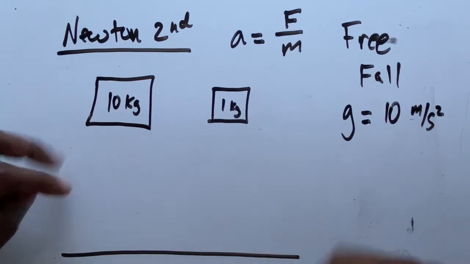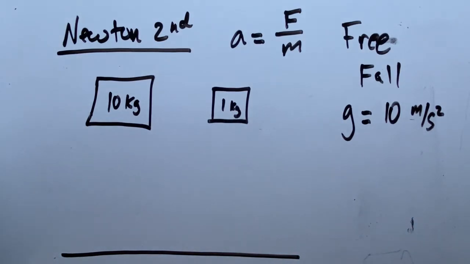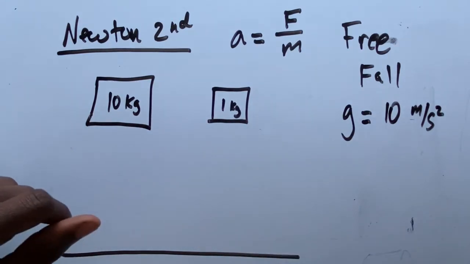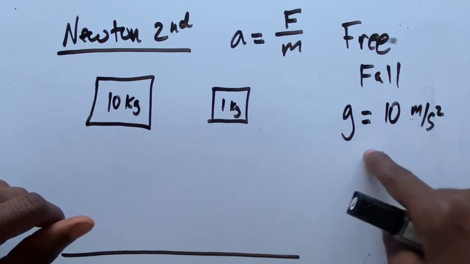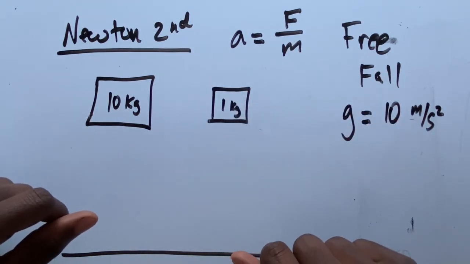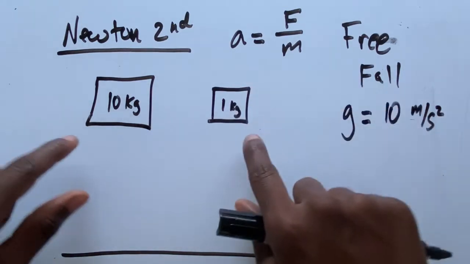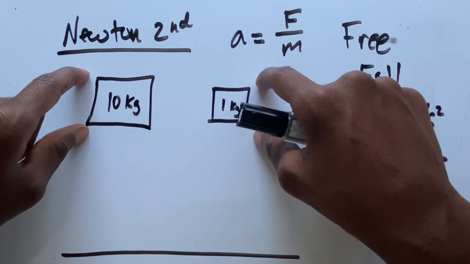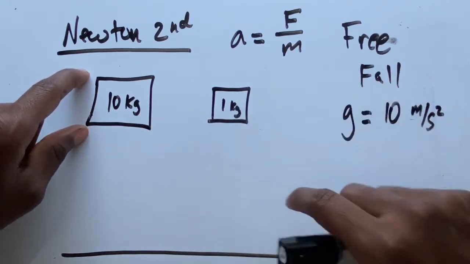Now we know that they're both going to hit the ground at the same time. So both of these blocks have the same acceleration, right? But let's prove that using Newton's second law. And so basically the acceleration on these blocks here is caused by the force of gravity.